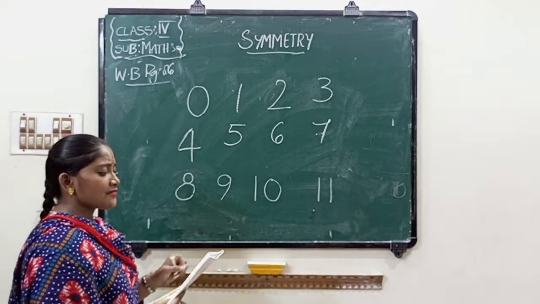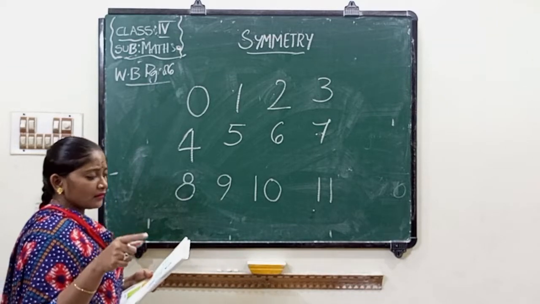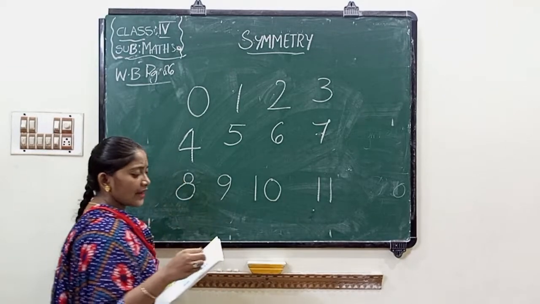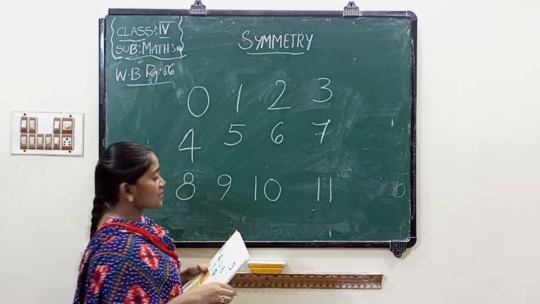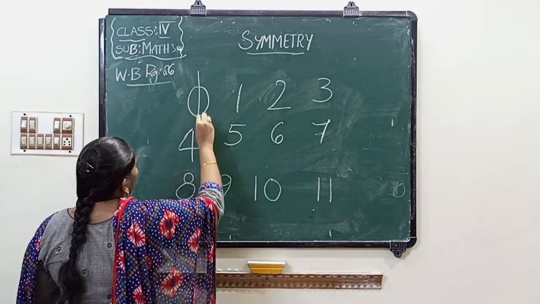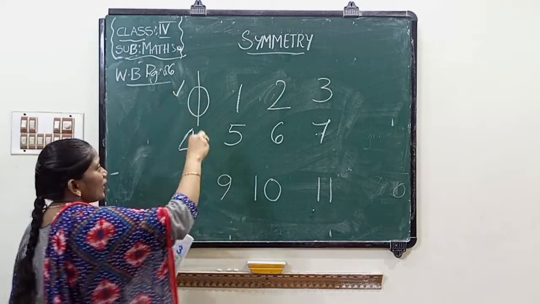At least one line of symmetry means we have to put a mark. We have to draw one line of symmetry for these numbers. See, 1, so we have to put 1.